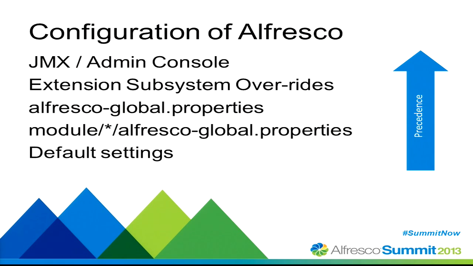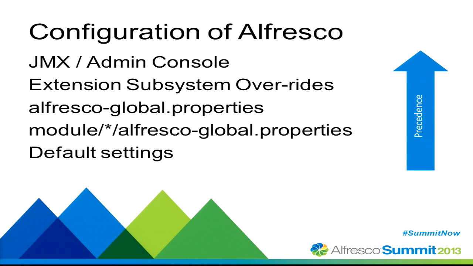And it's also worth mentioning that there is a new administration console in 4.2, which uses the JMX interface. So I'll demo 4.2's new features. The crucial point about this slide is that once you start using the admin console, then it will win over anything below this.